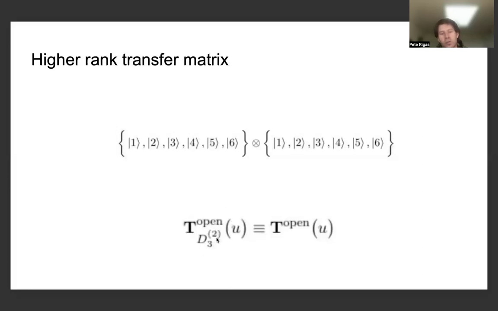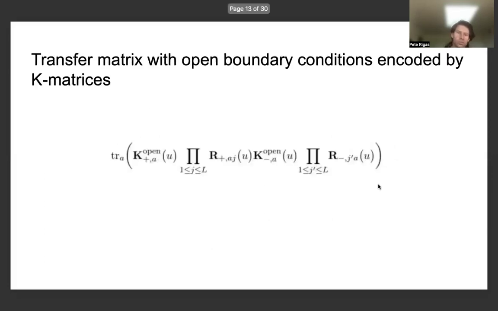For brevity, we can denote the open transfer matrix under open boundary conditions as just boldface T open of U. We drop this notation, which exhibits the form and characteristics of the total number of spaces in the state space for the transfer matrix, as well as how we signify and manipulate it in the reference we've been referring to.